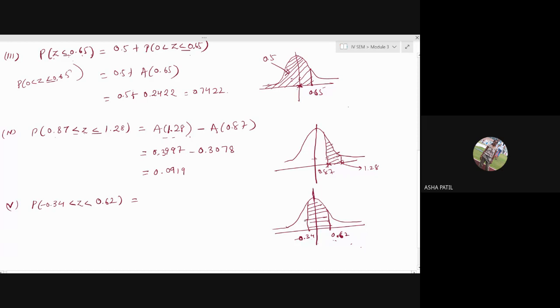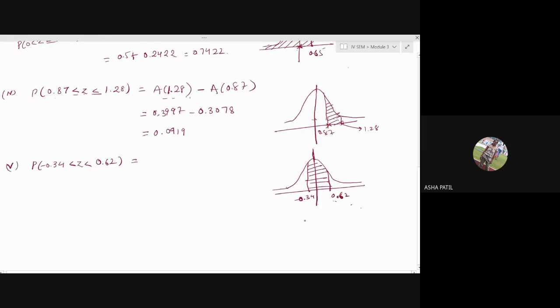How will you do? What does A of 0.62 give us? Area from 0 to 0.62. If you get A of 0.62, it will give you this region, only this part.